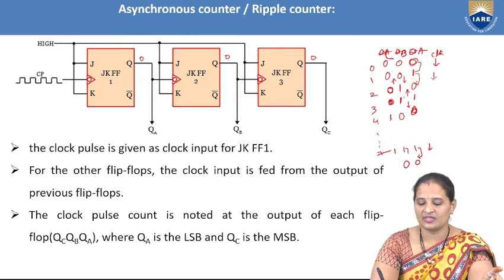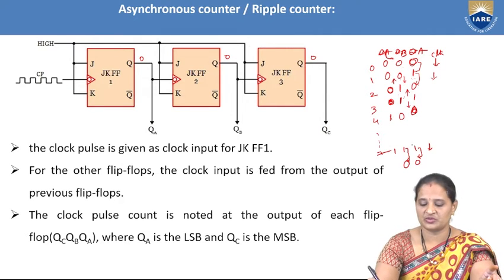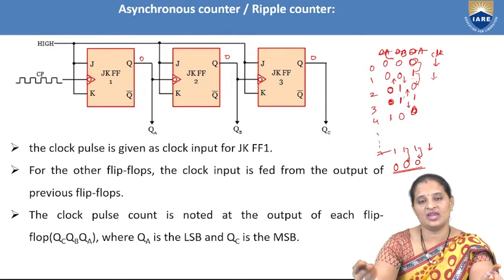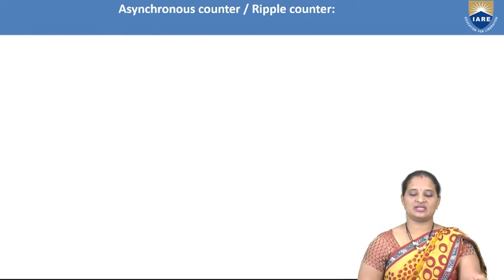So now the second flip-flop output also changed from 1 to 0, which is given as clock input to the third flip-flop. So what we can observe here is again a transition from 1 to 0. That means we have a negative edge, and hence the third flip-flop also changes its state to 0, 0, 0. So after 1, 1, 1, it goes back to the initial state 0, 0, 0. Again the count will be repeated. So this is the operation of a 3-bit asynchronous counter.